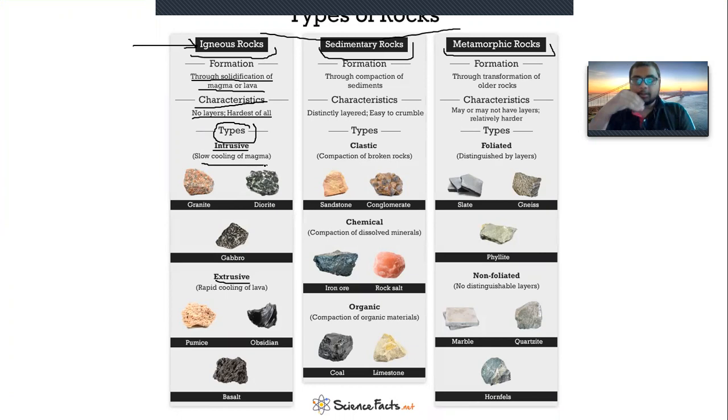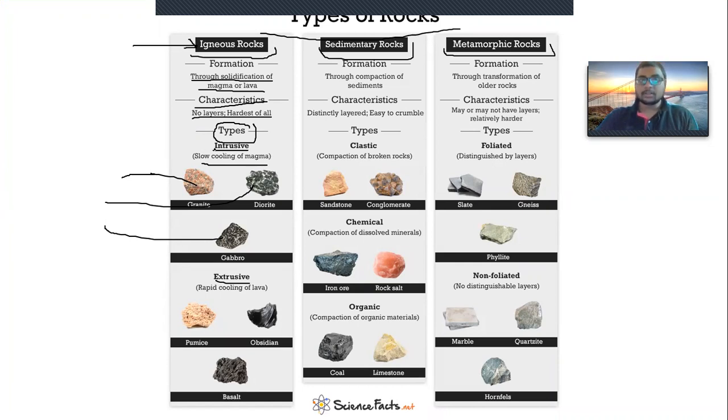When the volcano erupts, there is magma or lava, and when that lava is gradually, slowly cooled, we get rocks. Those rocks are granite, diorite, and gabbro.